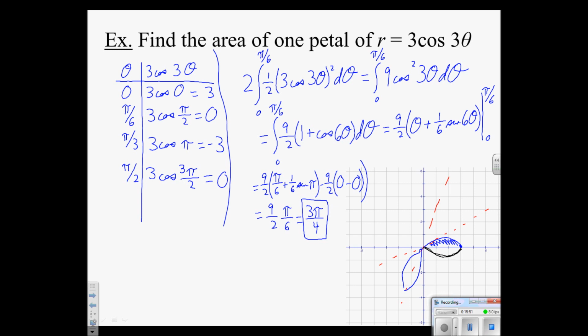Rather than the integral from 0 to pi over 6, we could have done instead the integral from negative pi over 6 to positive pi over 6. If we did that, then there would not be a 2 out in front, and we'd still have the 1/2 times the function squared. It doesn't matter, whichever one you want to do is fine, and I suspect most of you will like using that symmetry.